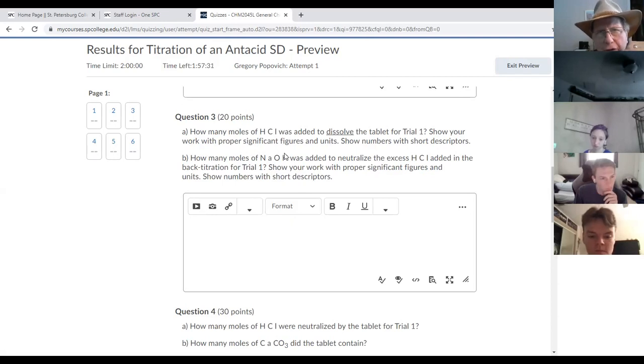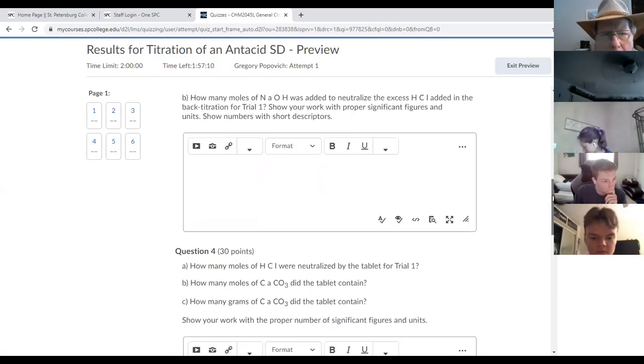Moles of NaOH. You're going to multiply the milliliters in the first question by 1 liter over 1,000. Multiply that by 0.1010 molarity. That is the molarity I'm giving you for the standardization of your NaOH.